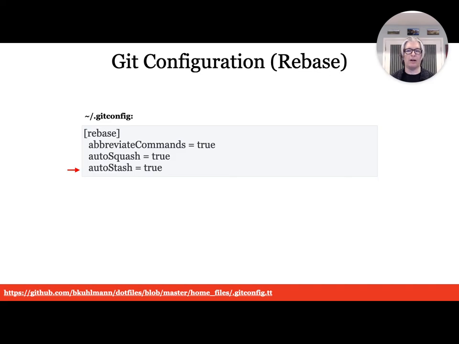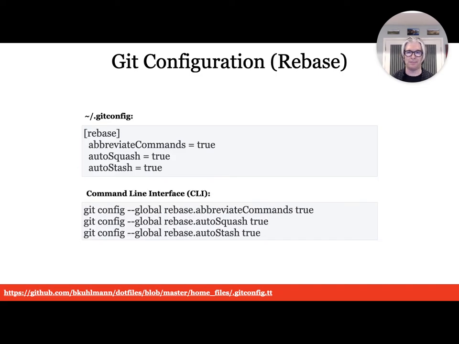But what auto stash true does is before the rebase kicks off, it'll detect those changes, immediately throw them into stash without even prompting you, and allow you to do the rebase. And then when the rebase is complete, it'll pop the stash and put you back to where you were working. It's a really awesome workflow and I highly recommend turning it on just to let Git figure all that out for you so you don't have to manually do it yourself.